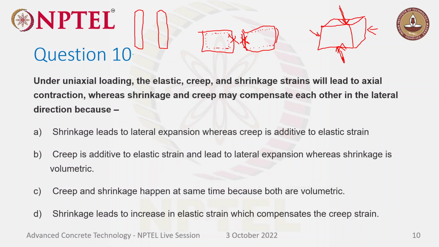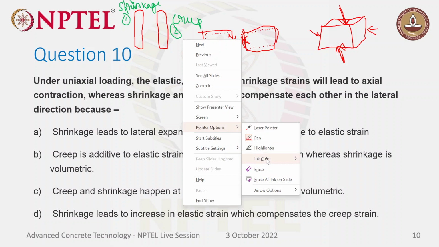Let's take green and write it as shrinkage. This one is for the creep. So one is for shrinkage and two is for creep. Let me write it as 1 and 2 here.